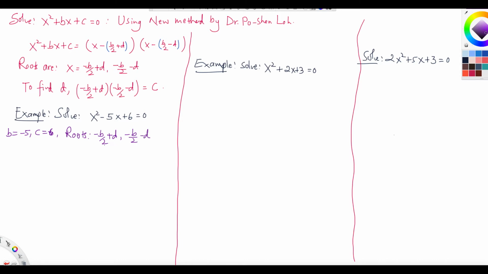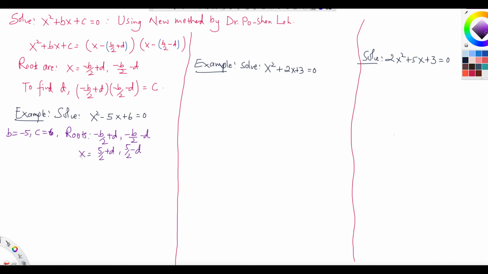Let's plug in the value of b. b is negative 5, so negative b is positive 5. So this is 5 half plus d and 5 half minus d. These are the roots, x equals, right?